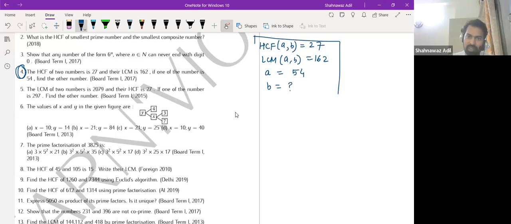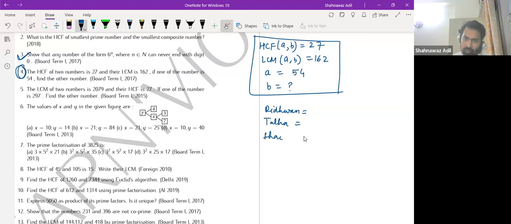Everyone, please calculate and tell. Should I do the third one? You can also tell. So Amar joined back. Sir, the other number is 81.